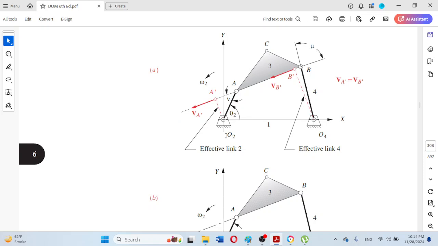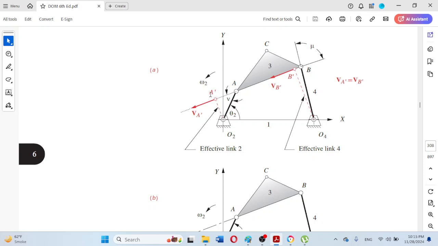The distances from O2 to A dash and O4 to B dash will respectively be the effective input link and effective output link. O2 to A dash will be the effective input link, because O2 to A is the physical link, the practical link as the apparatus is fabricated, but this is the effective link. It will be explained later what the purpose of the effective link is.